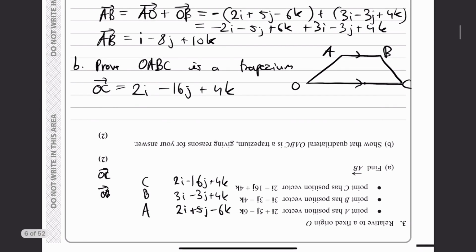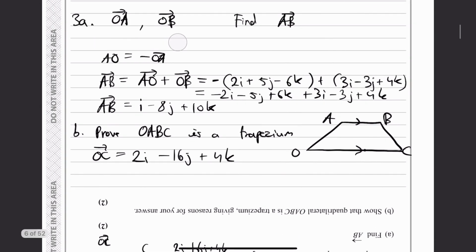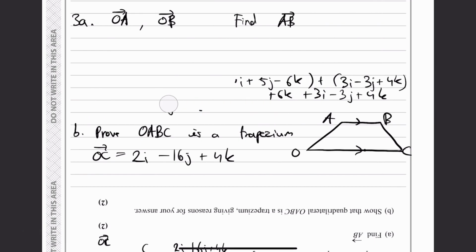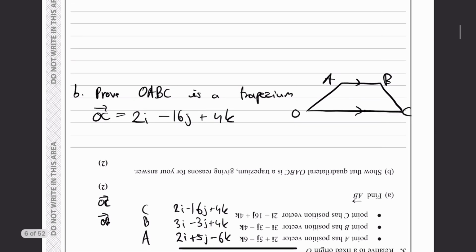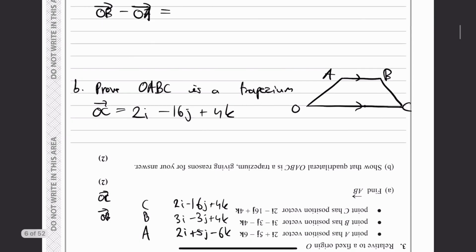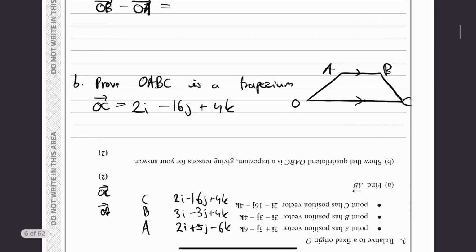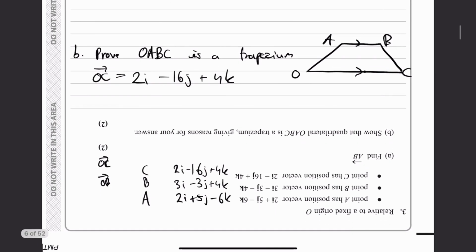Okay, I'm just going to work out AB a different way, because another way you can work out point vectors, like the thing between them, is you can just literally subtract them from each other. So if we want to work out AB, then we just do OB minus OA, and that will also give us the point vector. So let's just do that. We can do that here, actually.